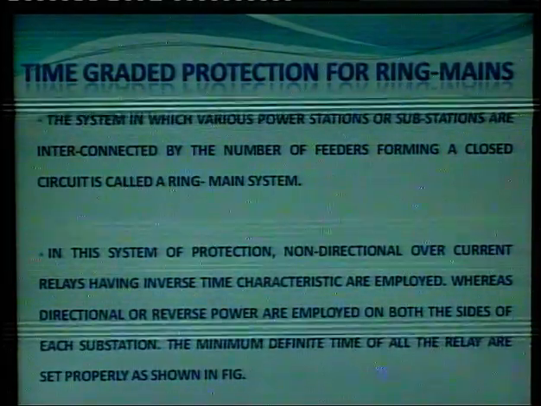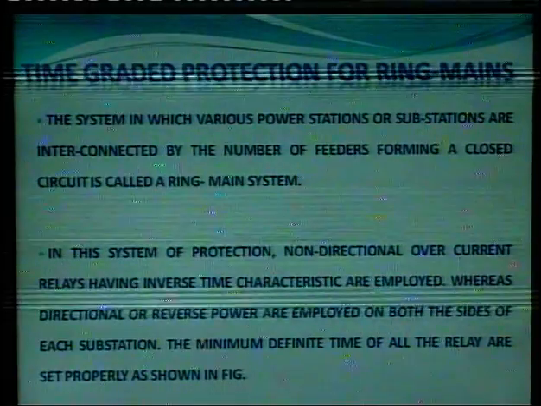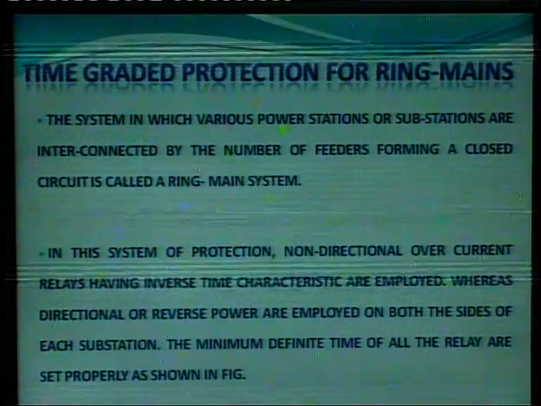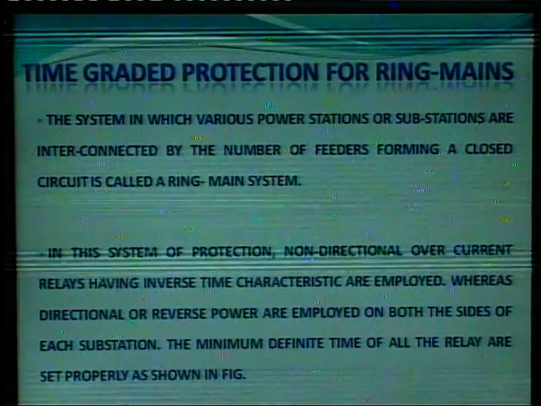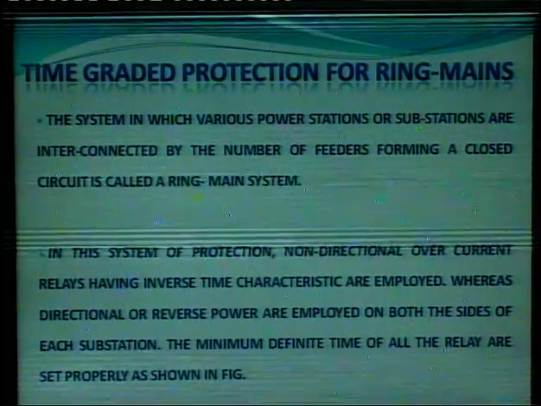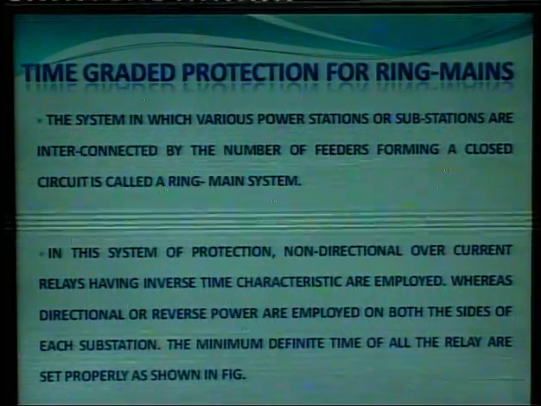Now, the third category for the time graded protection is a ring main feeder. Now, this system in which various power stations or substations are interconnected by a number of feeders forming a closed circuit is called a ring main system.